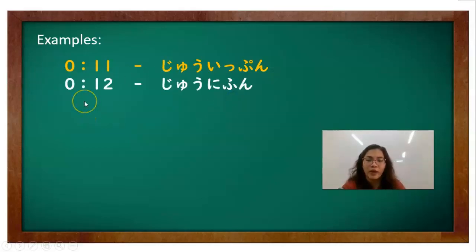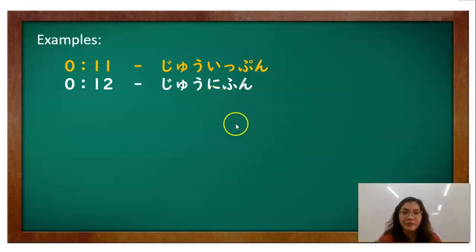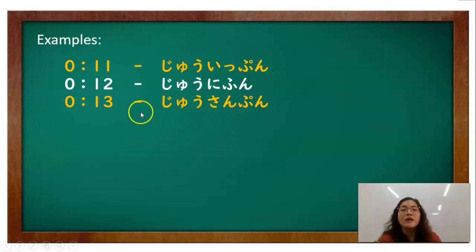How about 12? It's the same. It's Ju Ni Fun. How about 13?